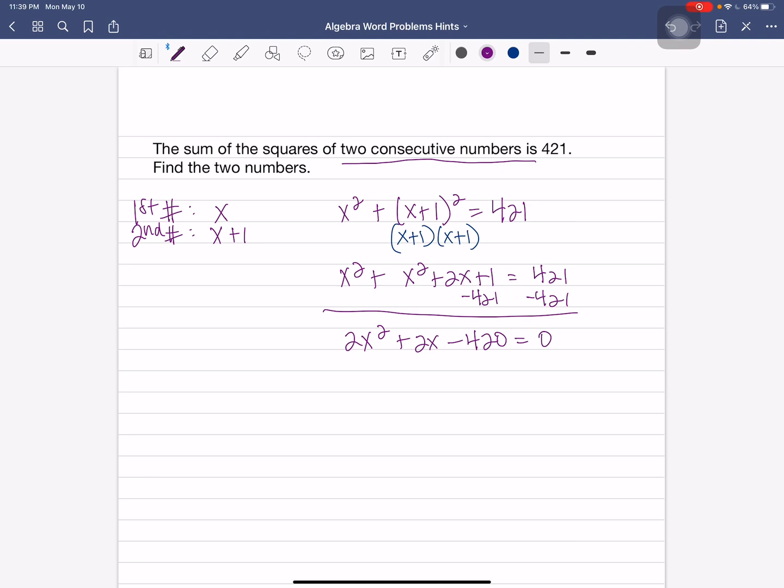Okay. From here, I'm going to factor out a 2 to get x squared plus x minus 210. And now we're looking for factors of negative 210 that add up to positive 1.